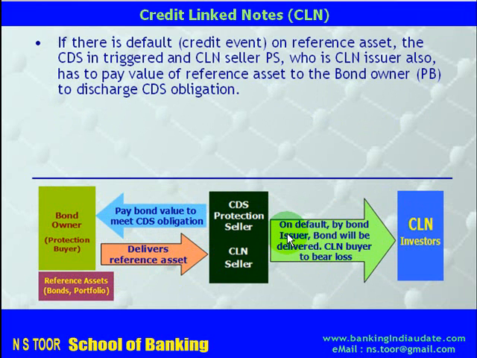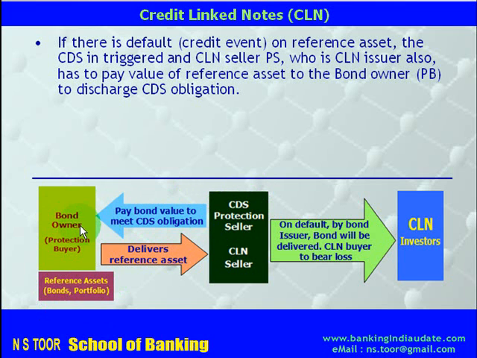If there is default or credit risk relating to the reference asset, in that case, the CDS protection which this bond owner had obtained from the protection seller is triggered.